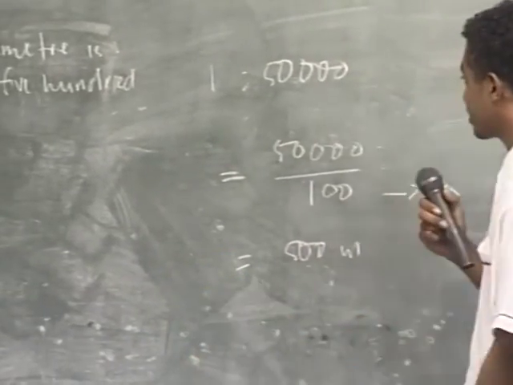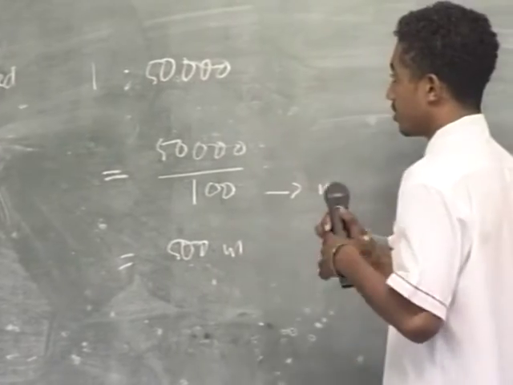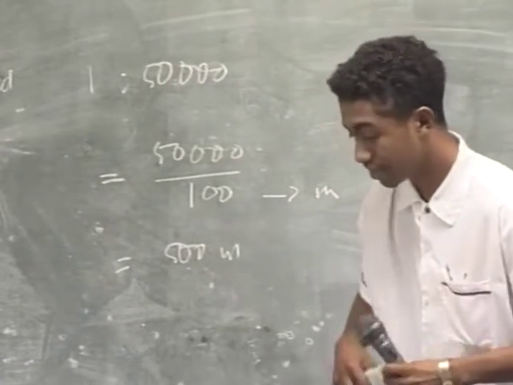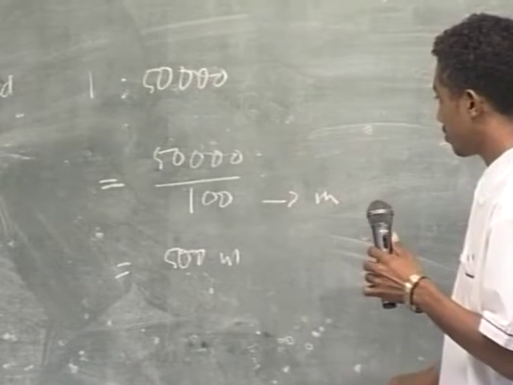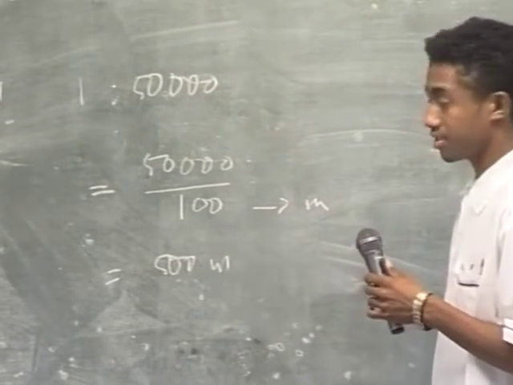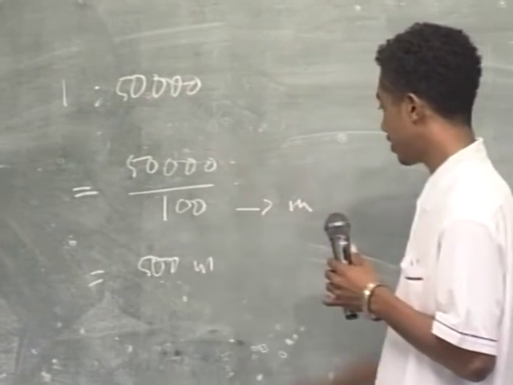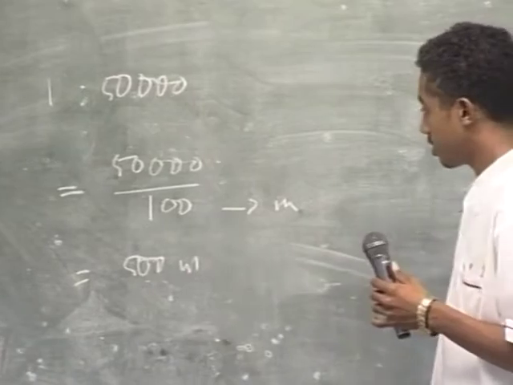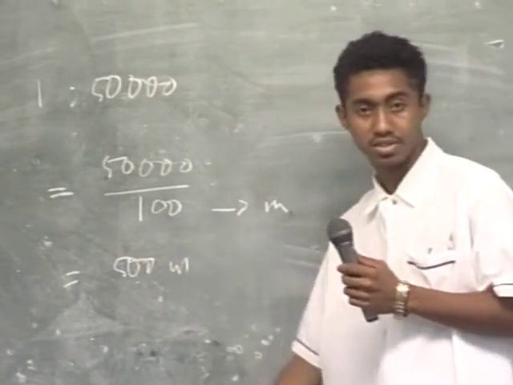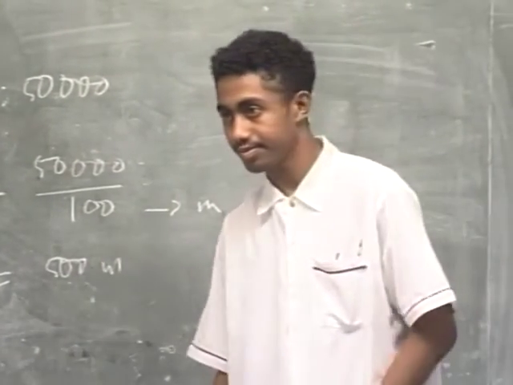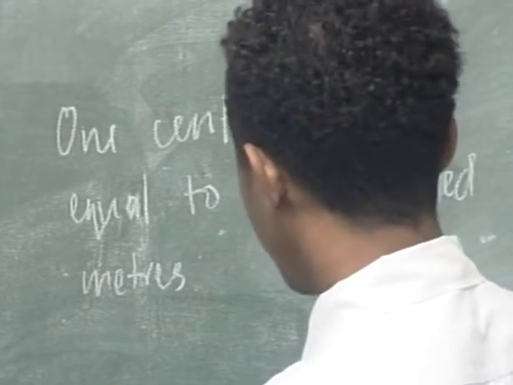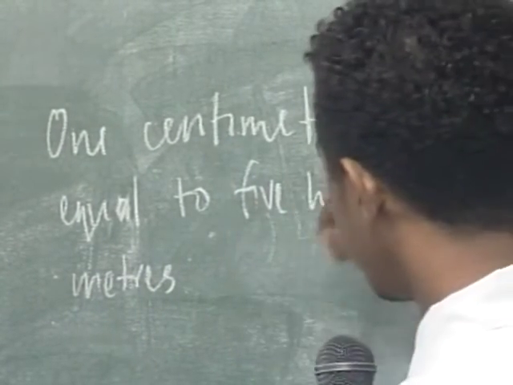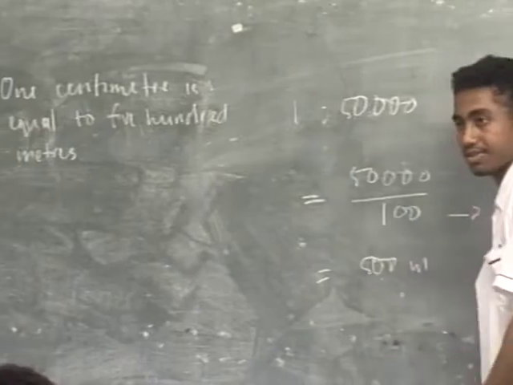So this is how I got my answer. 1 centimeter, 1 is to 50,000. I converted into meters. I divided 50,000 by 100 and I came up with the answer 500 meters. In statement form, it's written 1 centimeter is equal to 500 meters.